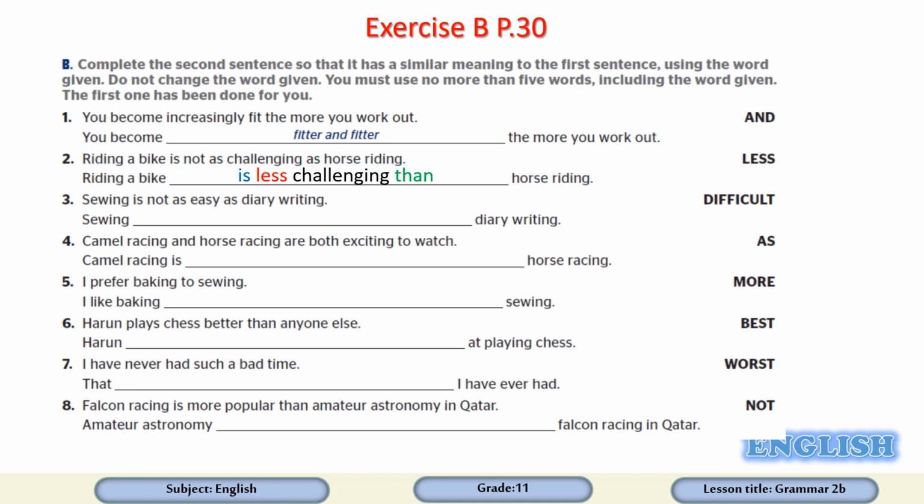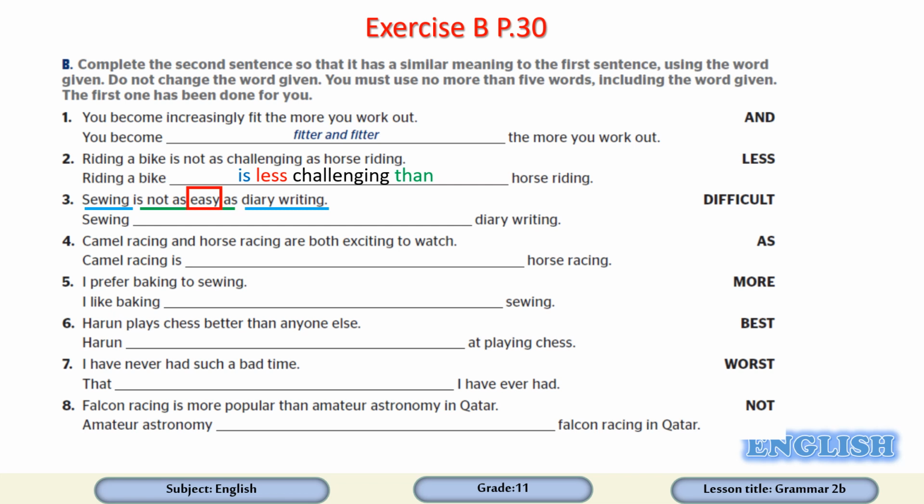Sentence number 3. Sewing is not as easy as diary writing. What's compared in this sentence? Yes, very good. Sewing and diary writing. What kind of comparison is there? Excellent. It's comparison of inequality, not as easy as. And what is the adjective used? Excellent, easy. So what do you understand from the sentence?